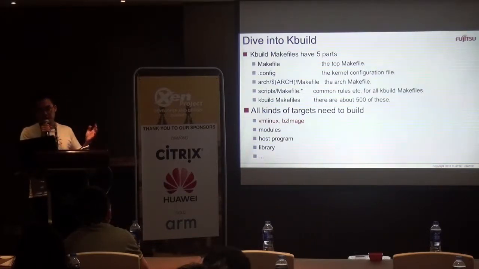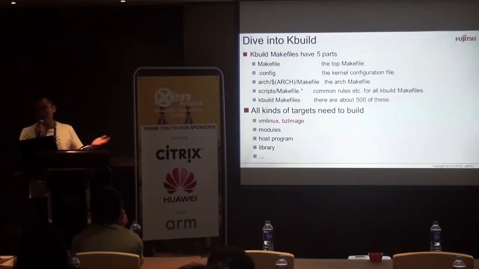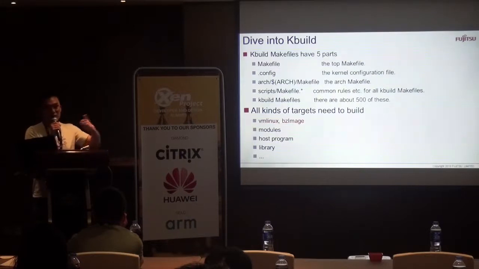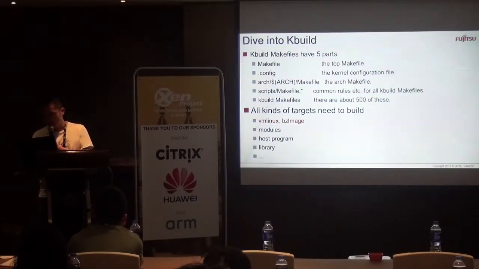Some makefiles under the scripts directory have common rules defined for the whole Kbuild. Some others are targeted for special purposes, like building a GCC plugin. And the last one, Kbuild makefiles, are the ones under each component, in charge of building the corresponding component.